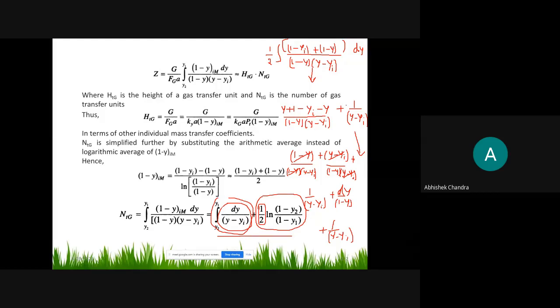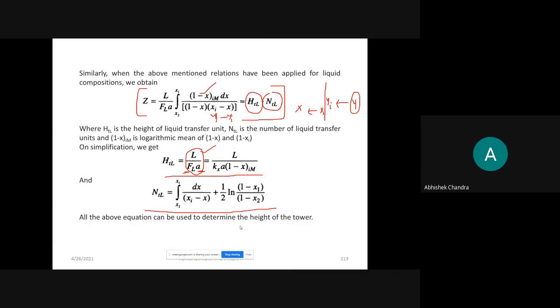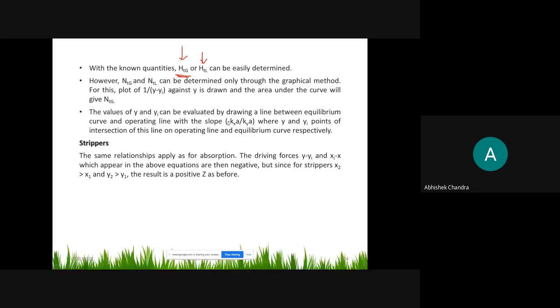So, to estimate this, you can guesstimate it through integration, but integration is not a simple one. So we use a graphical procedure to find the integration. Draw the plot between 1 upon y minus yi versus y and find out the area under the curve.